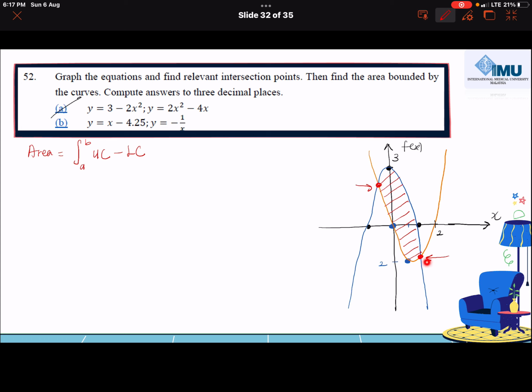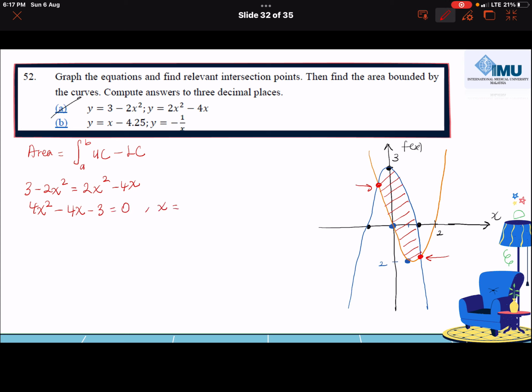Now, first of all, you need to find the point of intersection between the two curves, which is y1 equals y2. So y1 is 3 minus 2x squared, y2 is 2x squared minus 4x. Now, move everything into one side. You will have 4x squared minus 4x minus 3 equals to 0.